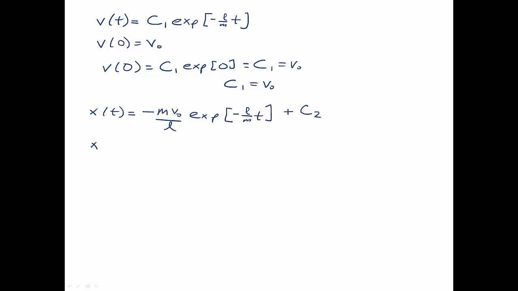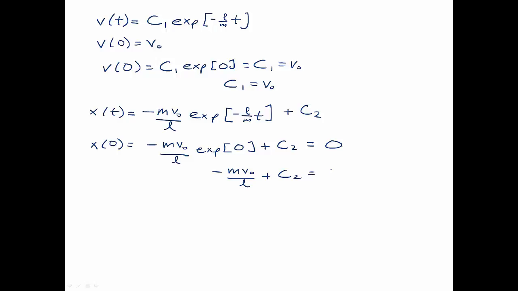And we plug in x of 0 at time t equals 0. We get the exponent of 0 plus c2, and this should equal 0. Well, we know that the exponent of 0 is 1, so it's mv0 over L plus c2 equals 0. Therefore, c2 equals mv0 over L.